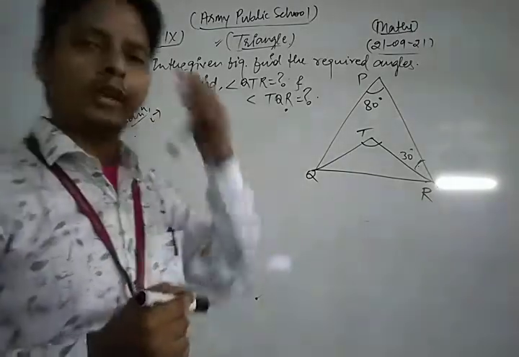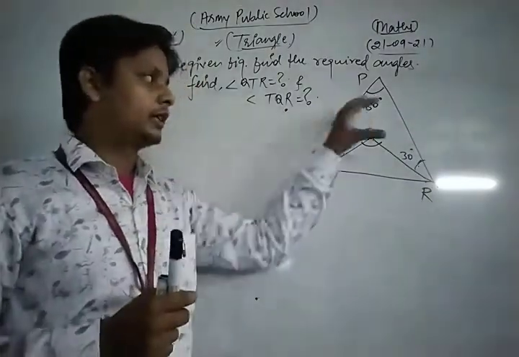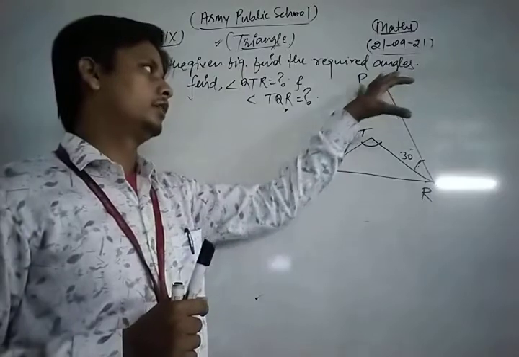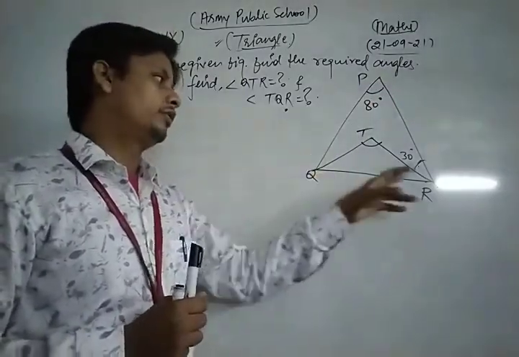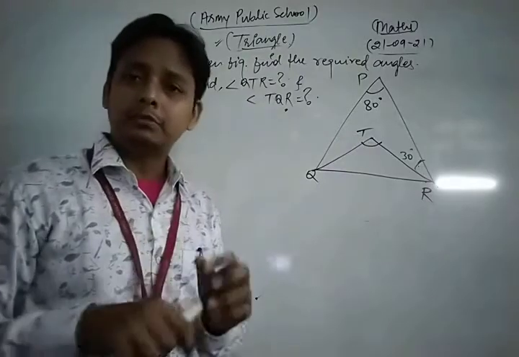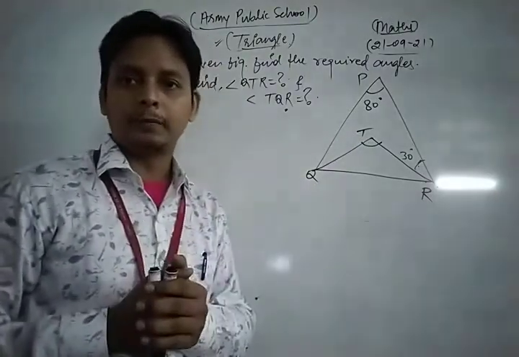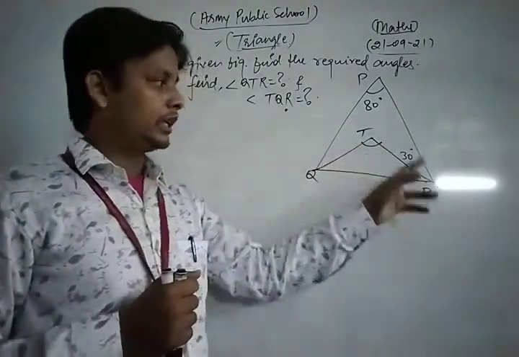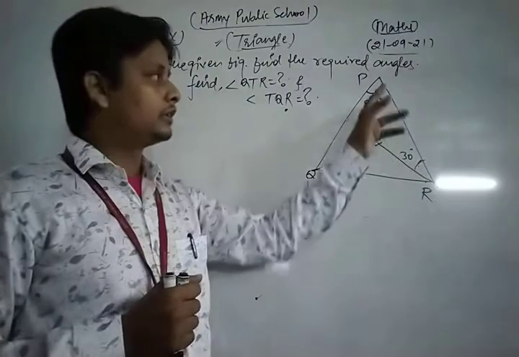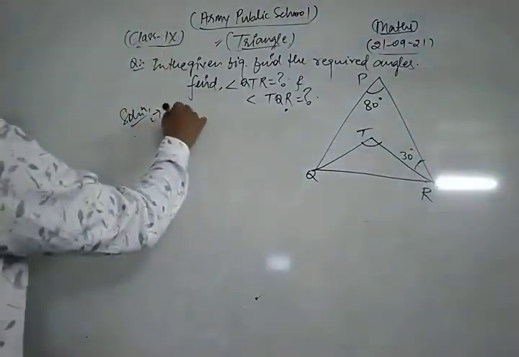We just proved a very important theorem related to this topic: if in triangle ABC or PQR the bisectors of the base angles meet at an interior point of the triangle, then the angle QTR is equal to 90 degrees plus half of the vertex angle.